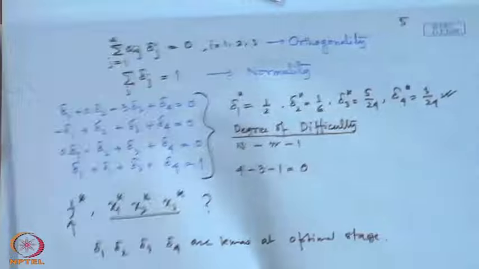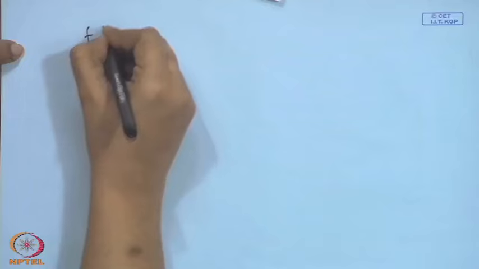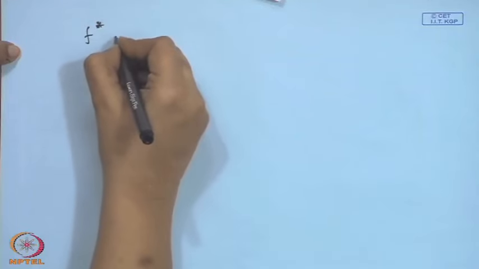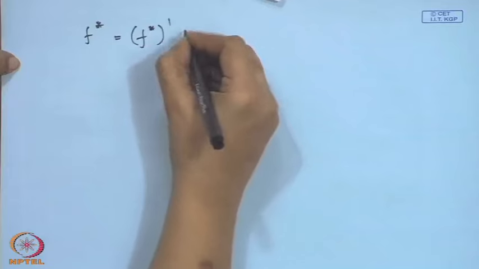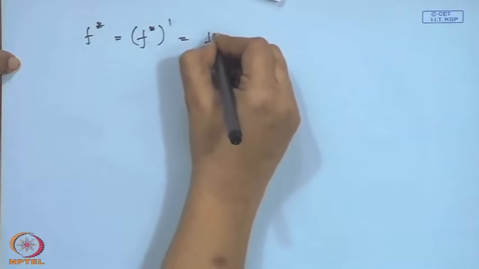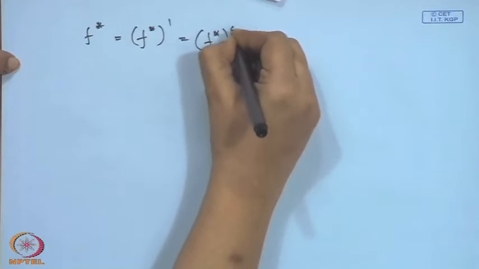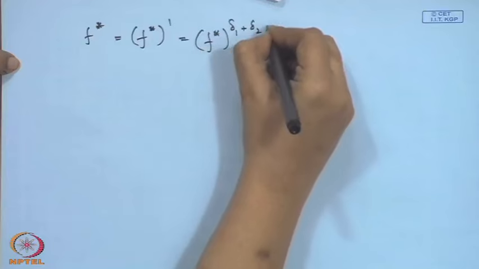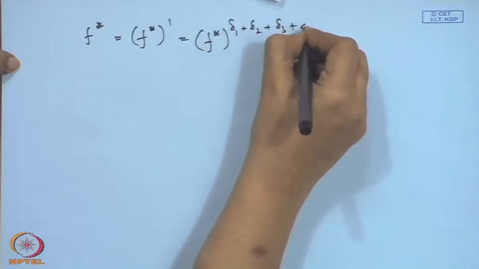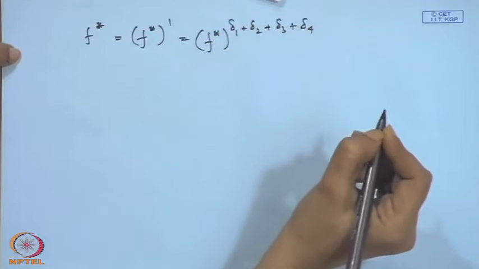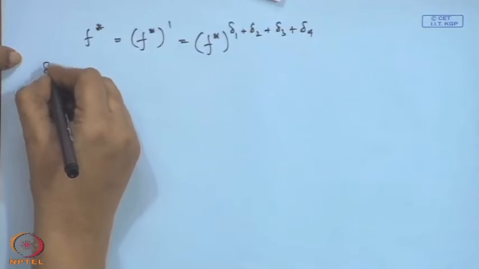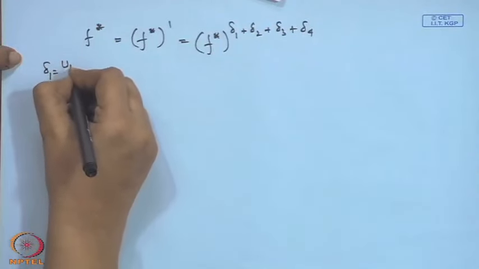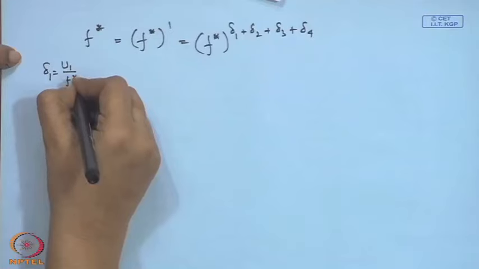What is the process? Just see. We need to calculate f star. F star can be written in this way, f star to the power 1. Then for this problem very easily we can calculate f star to the power delta 1 plus delta 2 plus delta 3 plus delta 4. Alright. Just now we have considered that delta 1 is equal to u1 divided by f star.